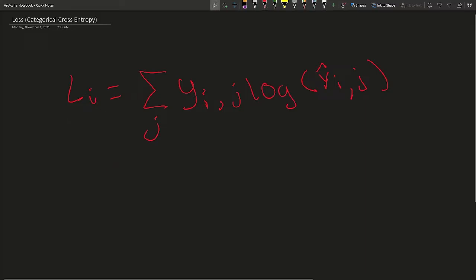And this can be simplified down, right? So let's not interpret it as this big clunky equation. Let's simplify it down first and then interpret what it's asking us.